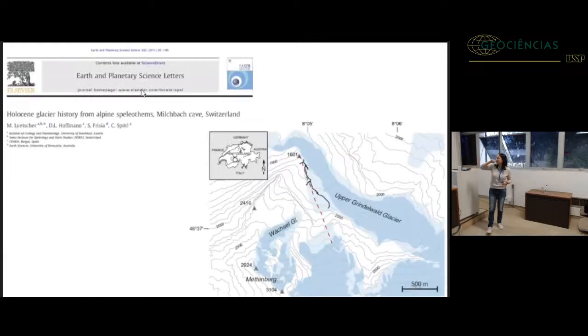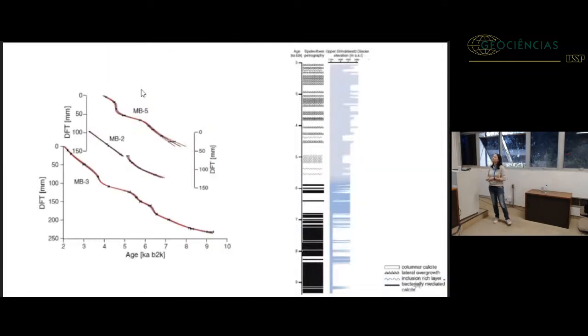But let's go to this paper. It's a cave in Switzerland, and in the beginning they started to study this cave to check the glacier history. They dated their stalagmites and they checked that between 7,000 and 9,000 years ago, it's registering the retreat of these glaciers.